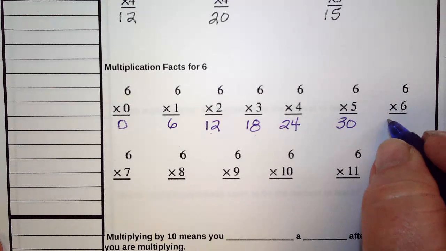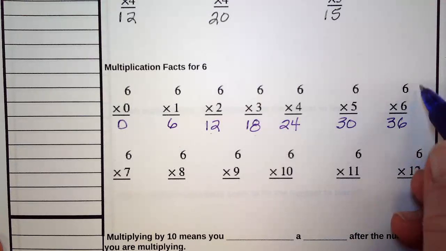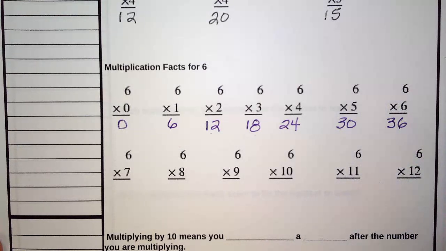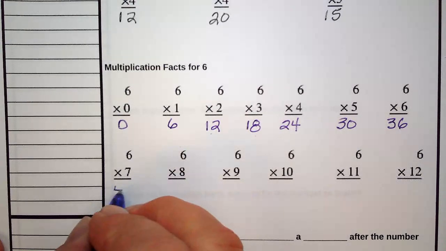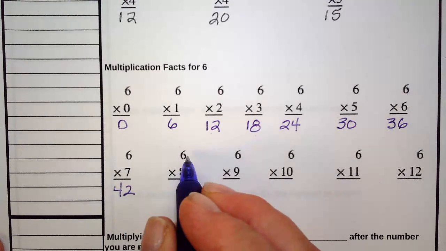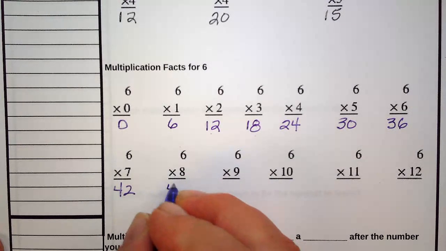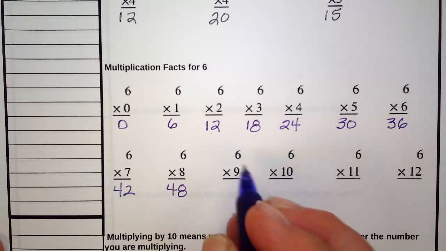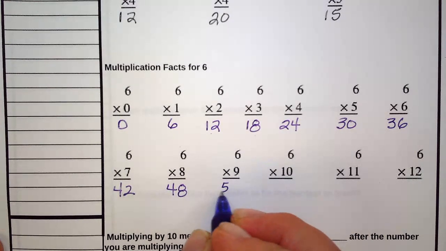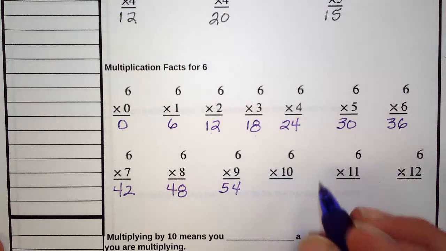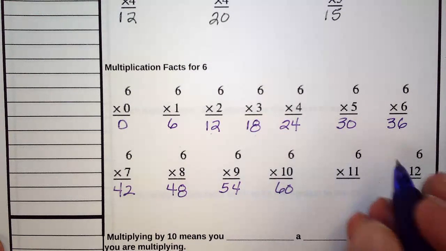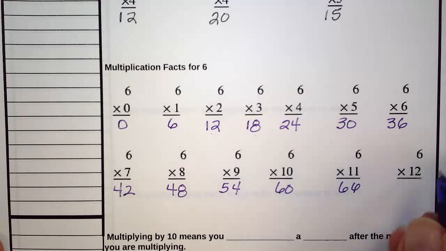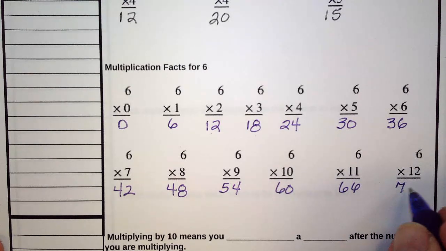6 times 6, 36. This is your perfect square. The square root of 36 is 6. 6 times 7 is 42. 6 times 8 is 48. 6 times 9 is 54. 6 times 10 is 60. 6 times 11 is 66. 6 times 12 is 72.